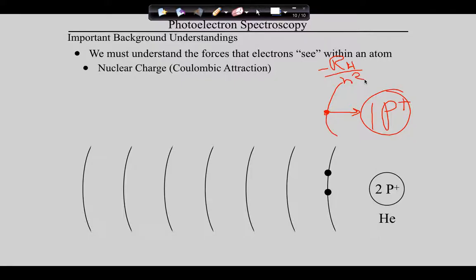The amount of energy required to remove either one of those electrons is greater than the amount needed to remove that one, because the nucleus in helium is stronger.